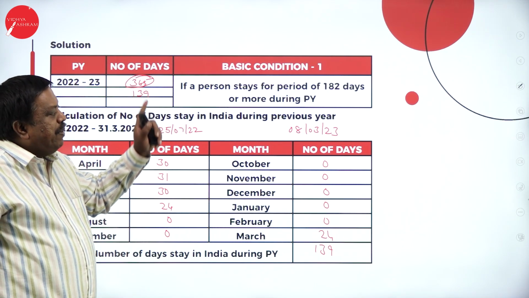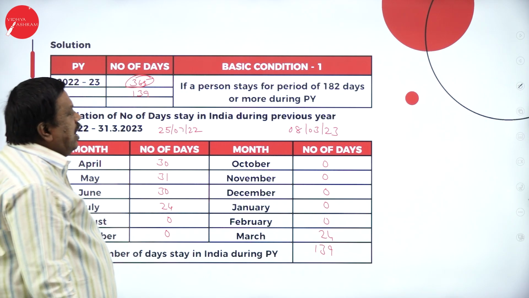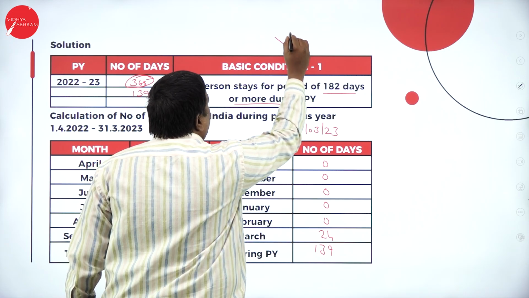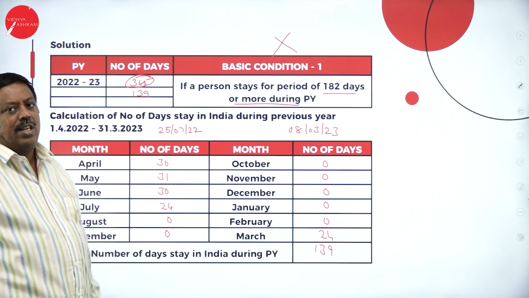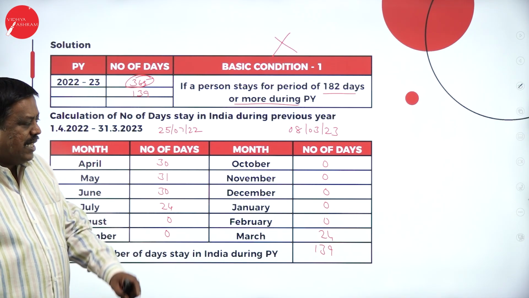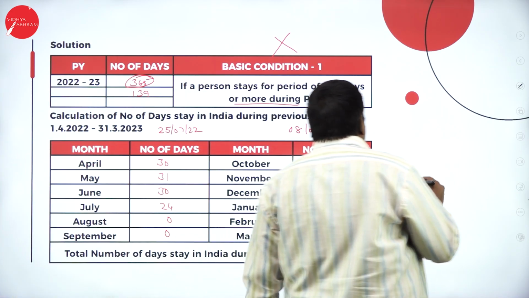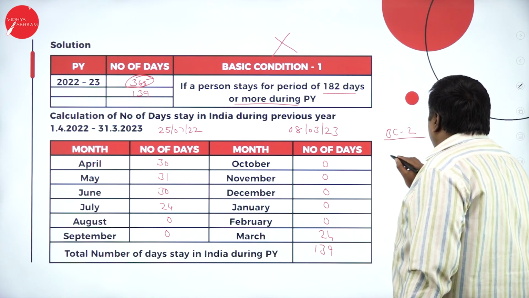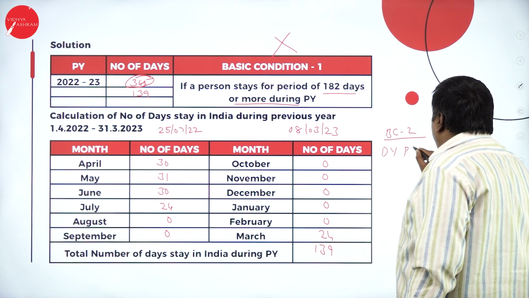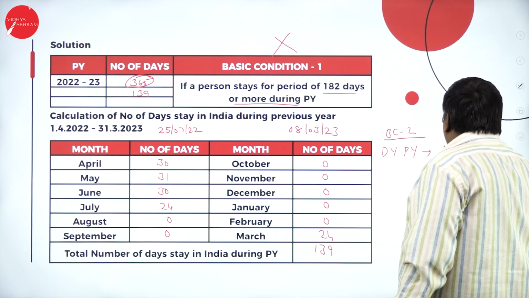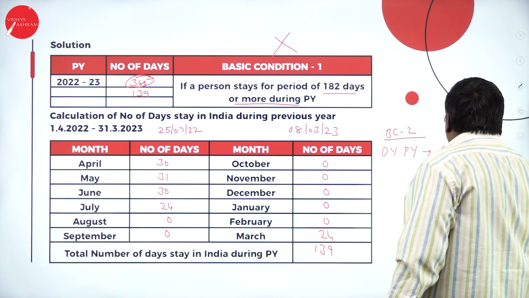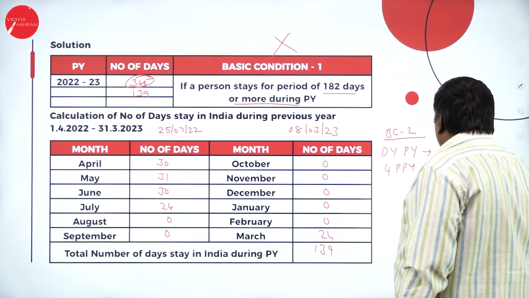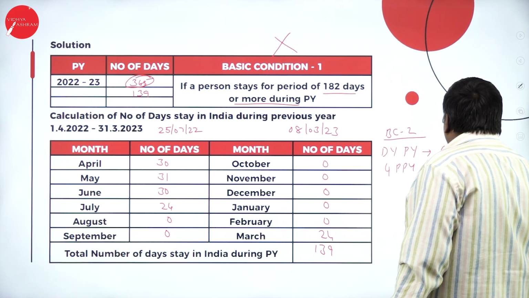So what is my first basic condition here? My stay in India should be 182 days or more. So I have not satisfied my first basic condition. So what is my second basic condition? Basic condition number 2: during previous year, my stay should be 60 days, and for preceding previous years, it should be 365 days.